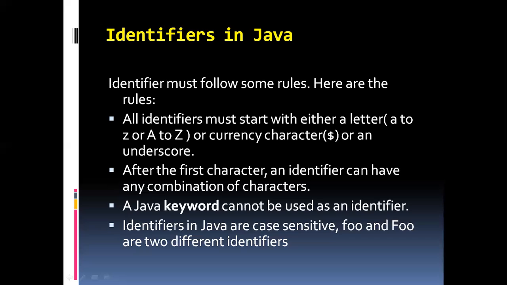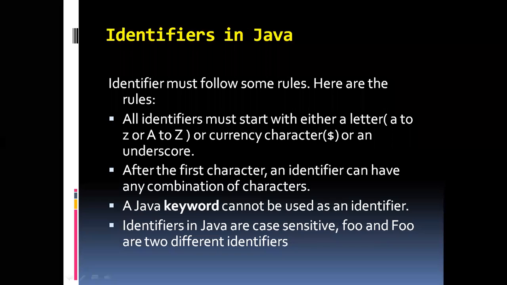If we use them, there will be a problem, a mismatch. To overcome that problem, a Java keyword cannot be used as an identifier. Class is already a keyword, so if we declare class again, that will also be a mistake. That's why a Java keyword cannot be used as an identifier. That is also one of the rules.